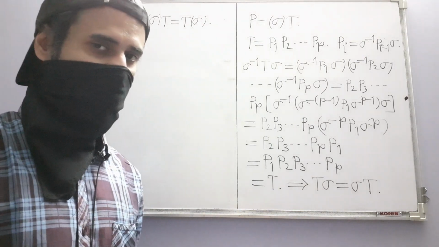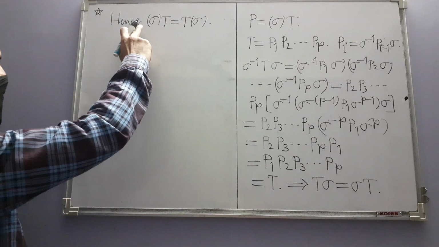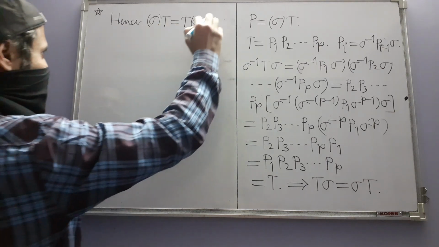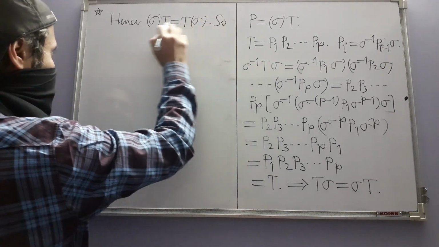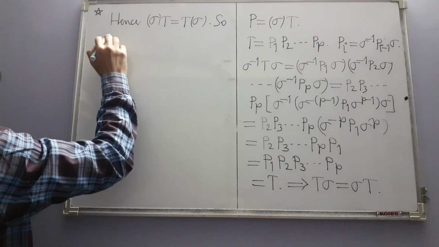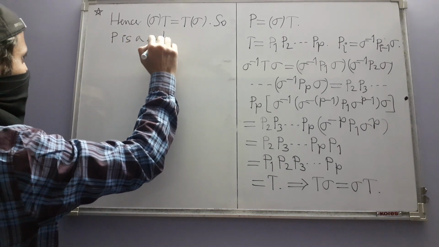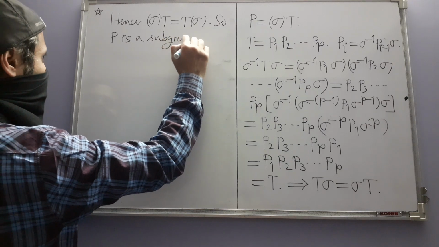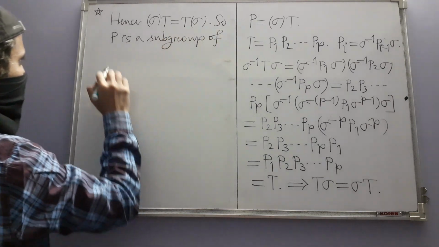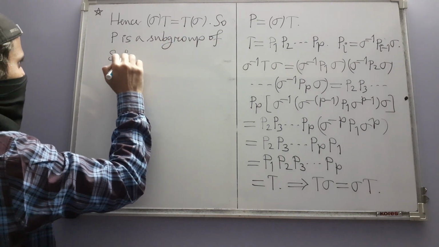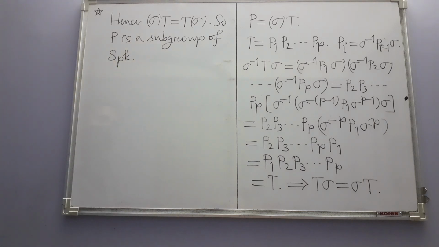Okay, you figure it out yourself. The fact is that we get this. So, because of this commutativity, P is a subgroup of Sp to the power k.